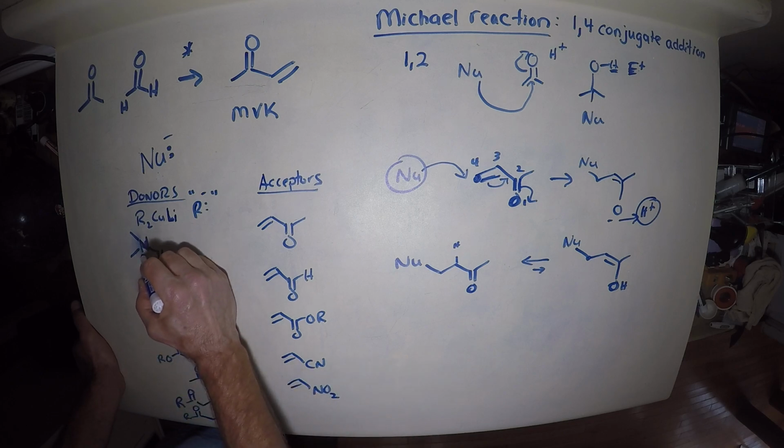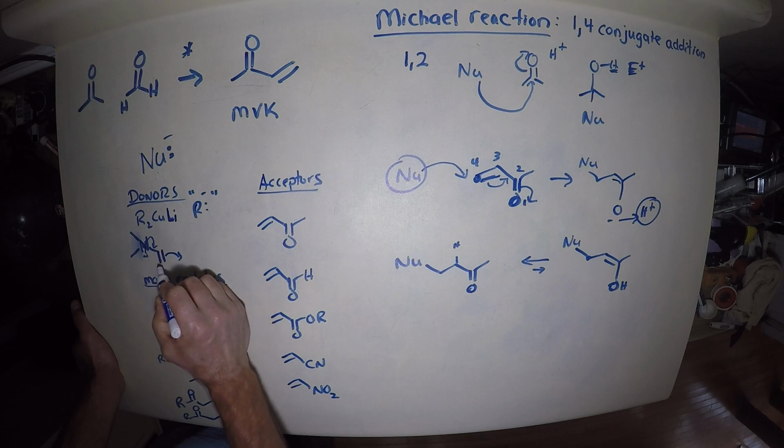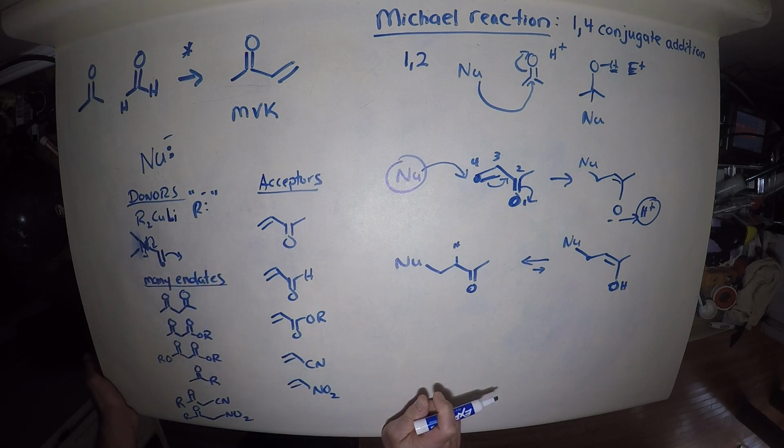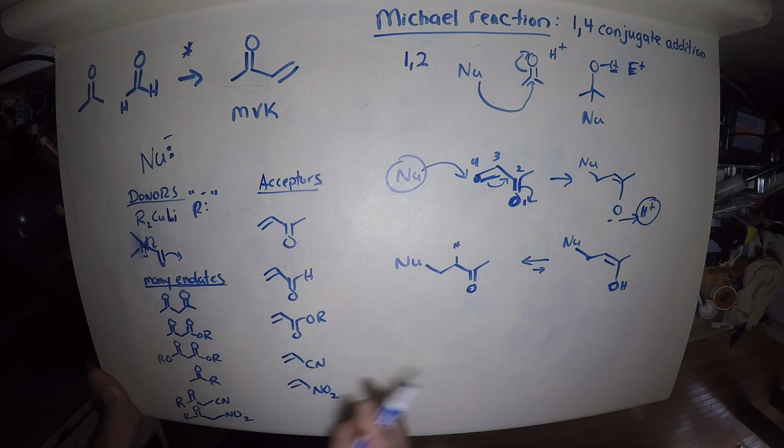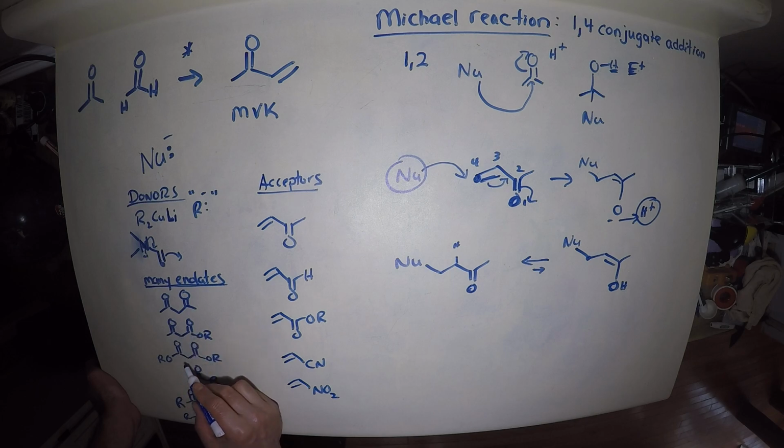We also have enamines that can have nucleophilic carbons, and then we've previously described many types of enolates, say from beta diketones, beta ketoesters, malonic esters, simple ketones and aldehydes and esters.